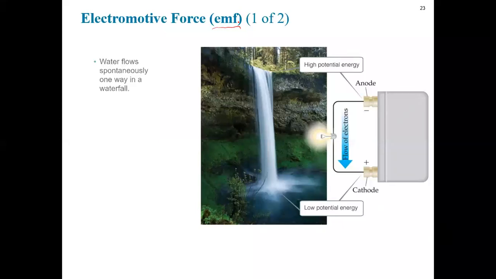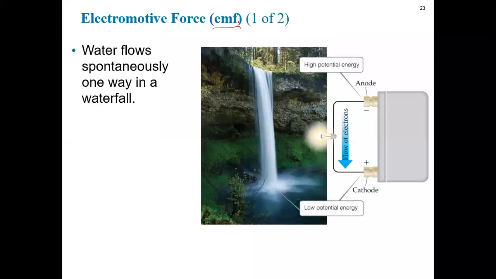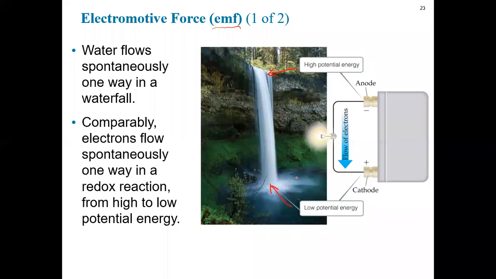Imagine an analogy: a waterfall goes from a higher potential energy at the top of the cliff to a lower potential energy spontaneously. Similarly, electrons flow from a higher potential, usually on the anode.